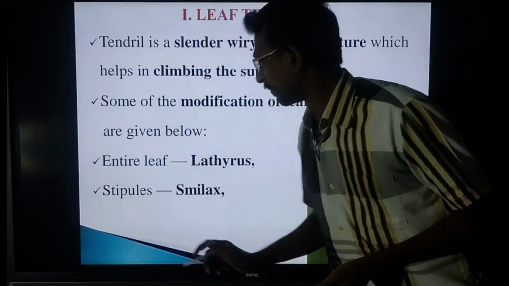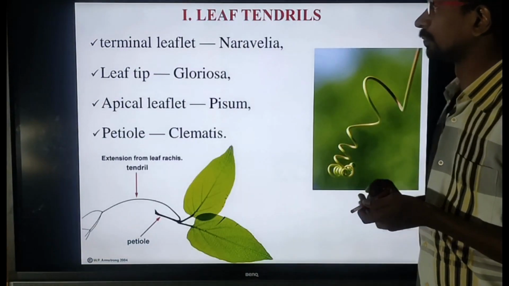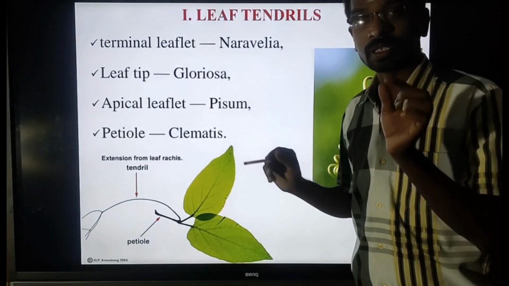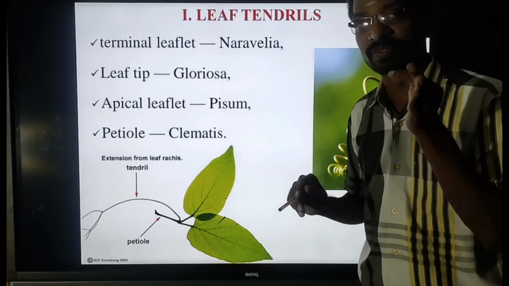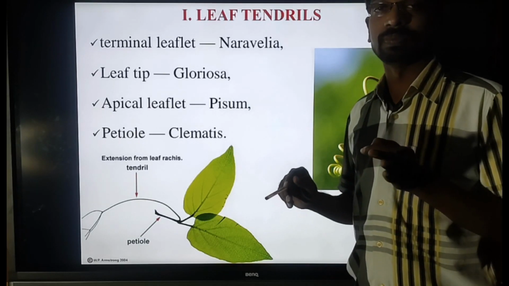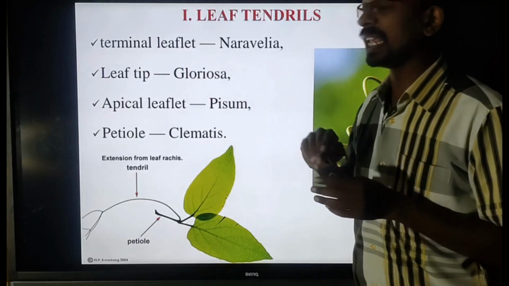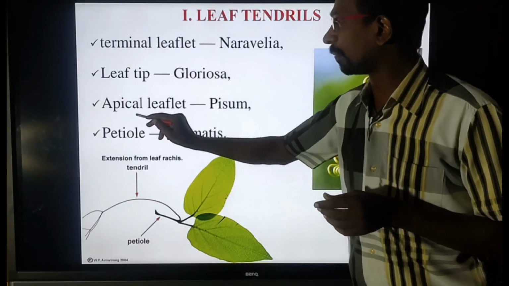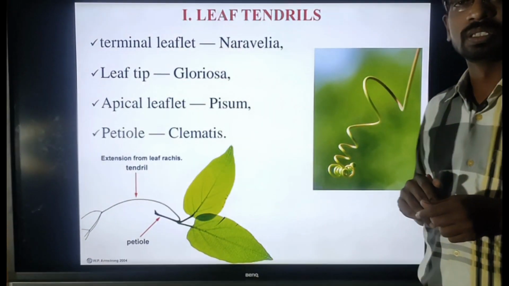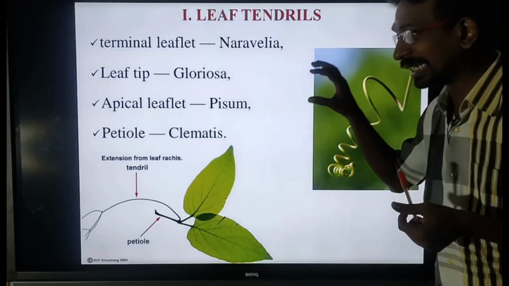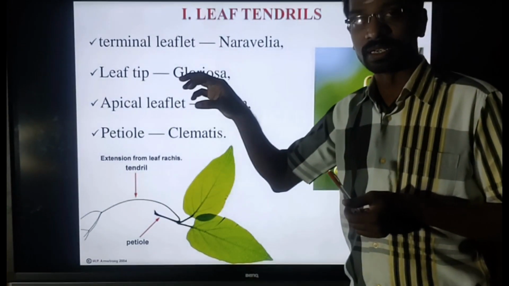The first is the entire leaf, the second is only the stipule of the leaf. What is a stipule? A pair of leaf-like appendages present at the base of the leaf or the petiole. Others are terminal leaflets, leaf tip, apical leaflet, or petiole.